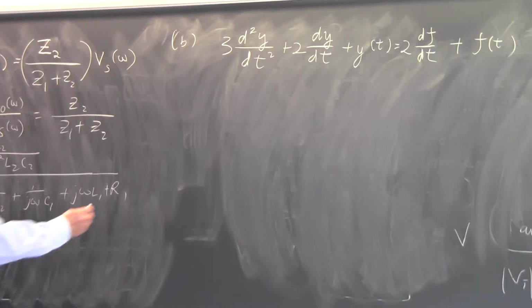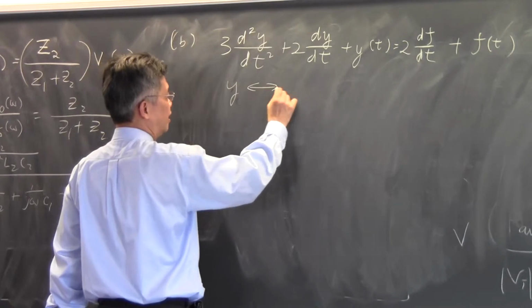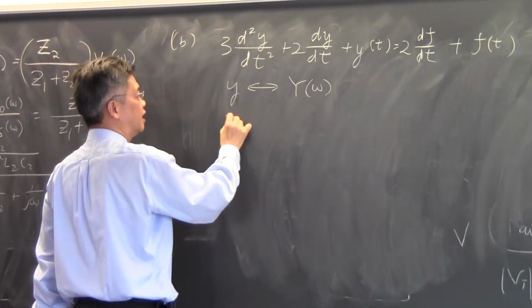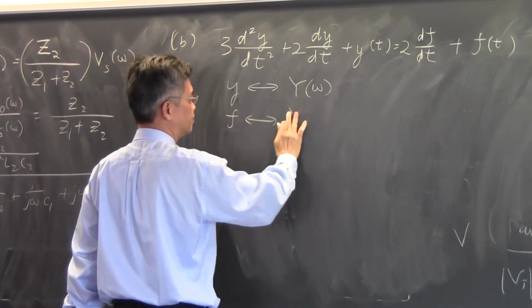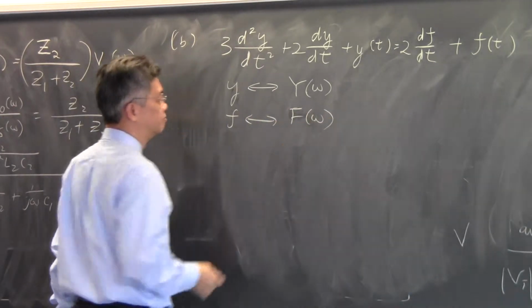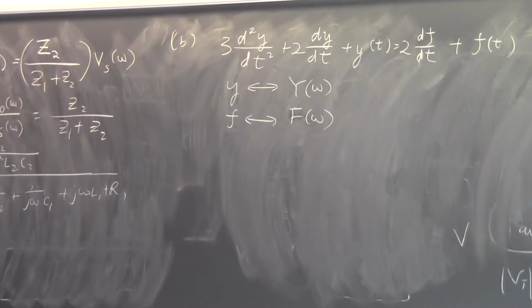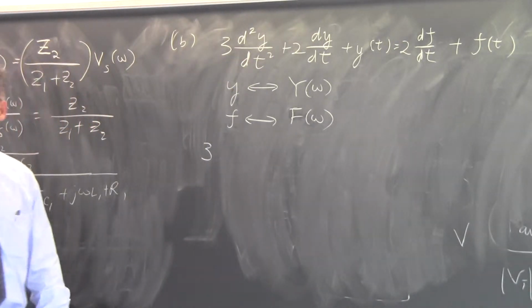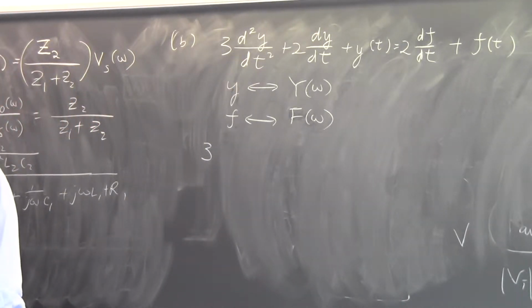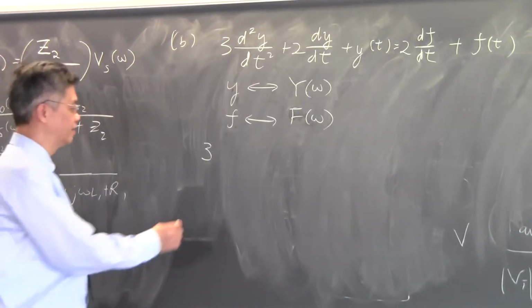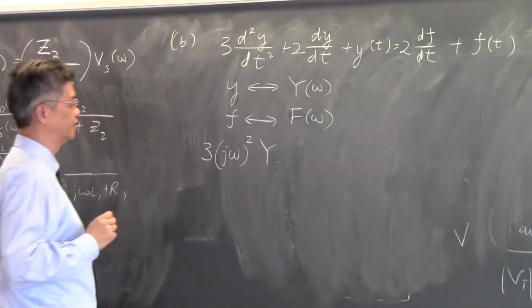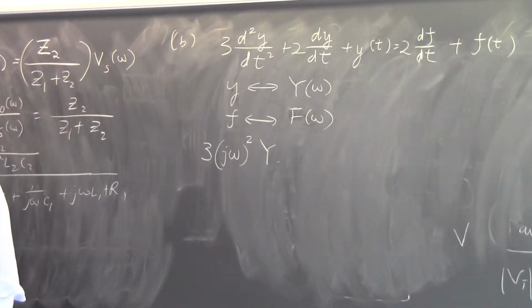Okay, so if y has a phasor representation given by this, and then f has a phasor representation given by F, I can convert this into a phasor equation immediately and write down 3. What does d squared dt squared become in the phasor world? J omega squared, very good. Okay, and then y just becomes Y. What is that?